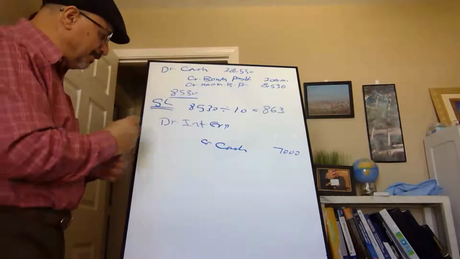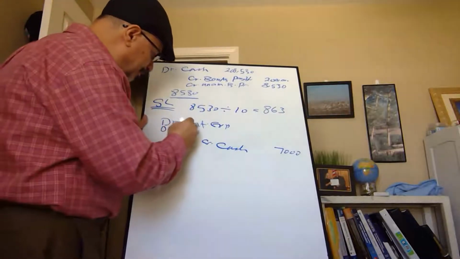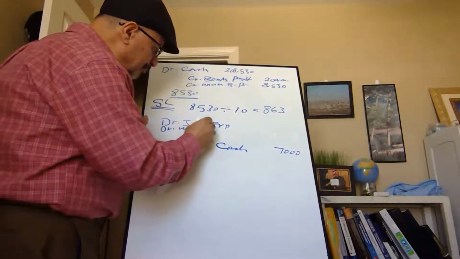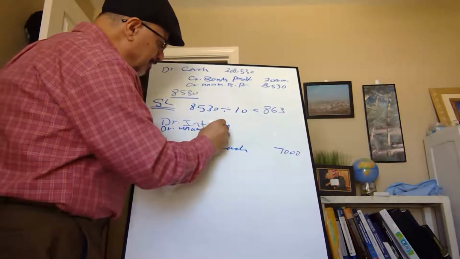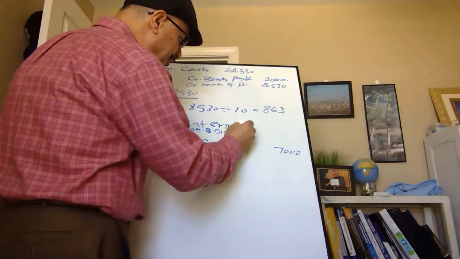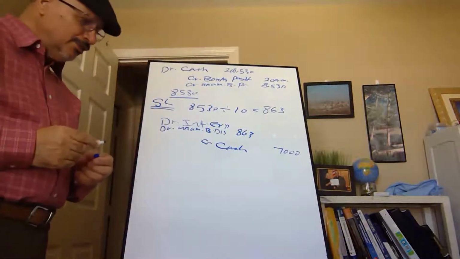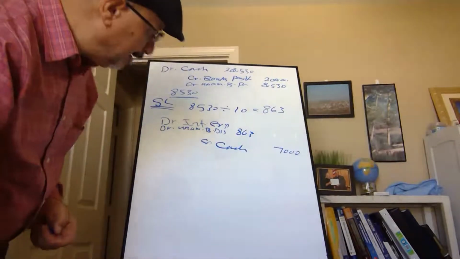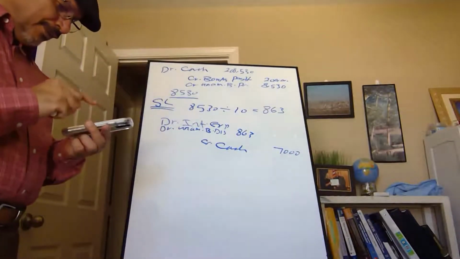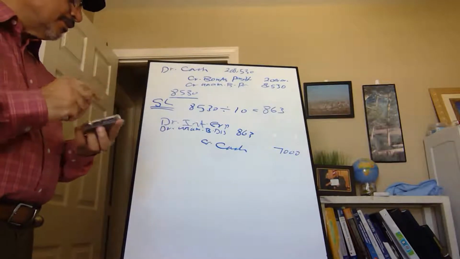So we're going to debit unamortized bond premium for 853. All right, so the difference between the two is going to be our interest expense.